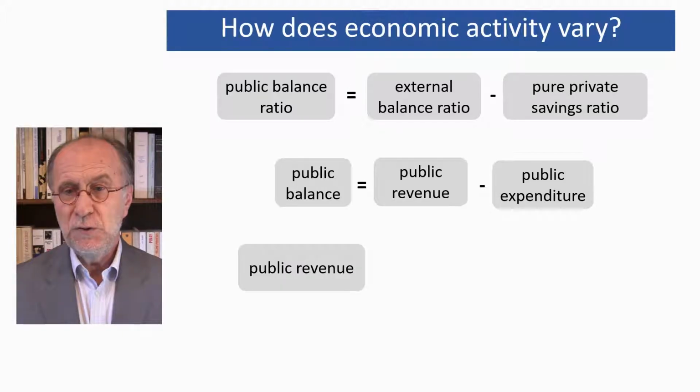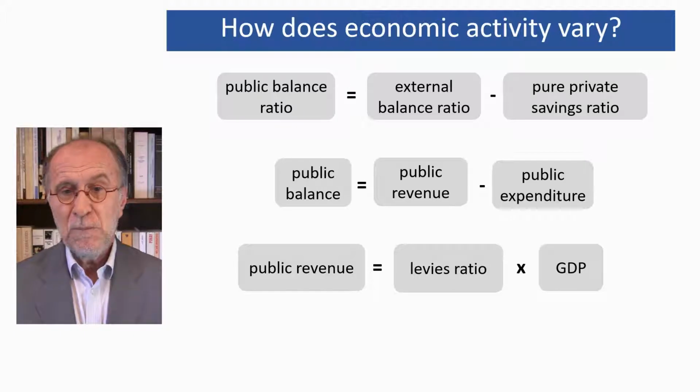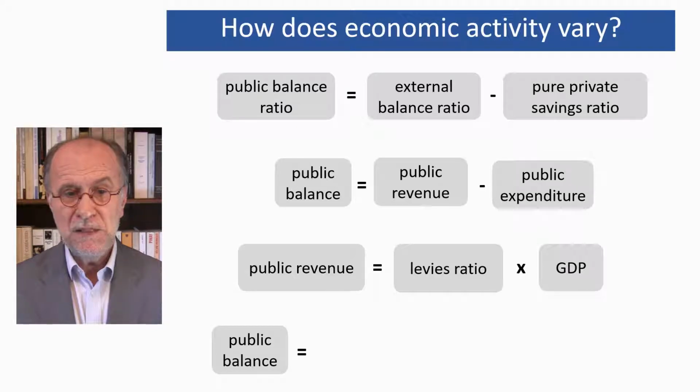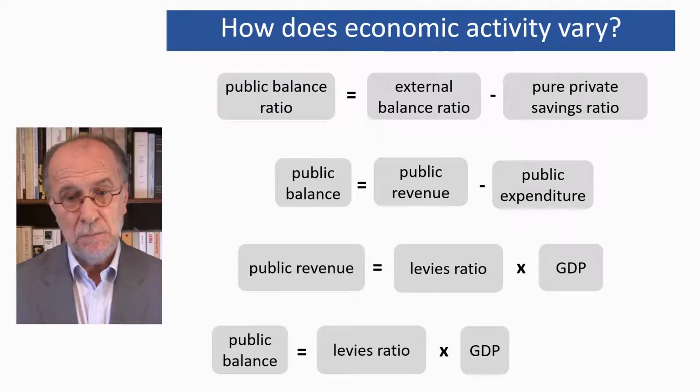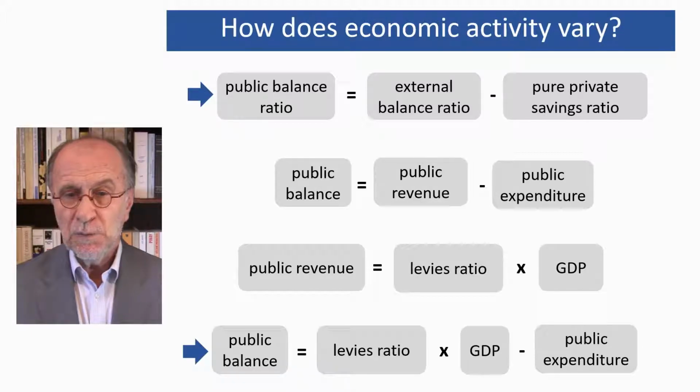Public revenue equals levies ratio multiplied by GDP. The public balance can therefore be expressed as the public levies ratio multiplied by GDP minus public expenditure. By feeding this equation into the first equation, we obtain a relationship that expresses GDP, as we will see in the next slide.